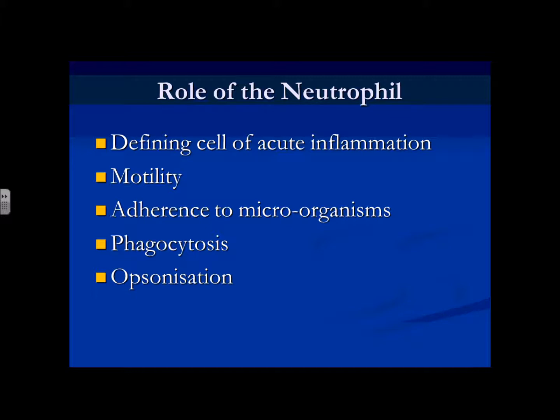So they're sticking a flag on saying, macrophages, come and get this, if they can't do it themselves. So they're hugely active cells that play a very important role in acute inflammation. And that's why acute inflammation is so fast, because the neutrophils can get to the area really quickly because of their mobility.